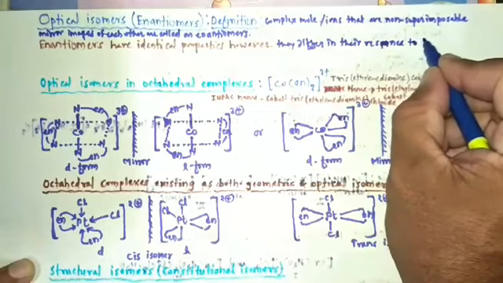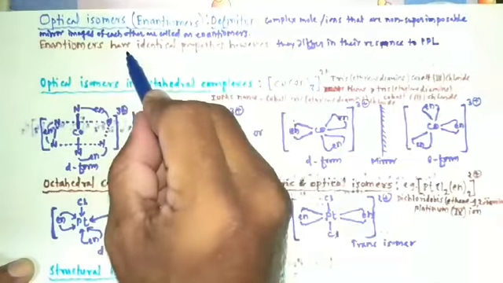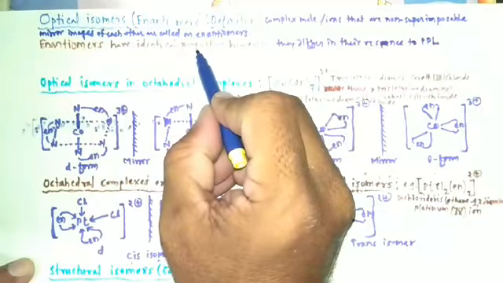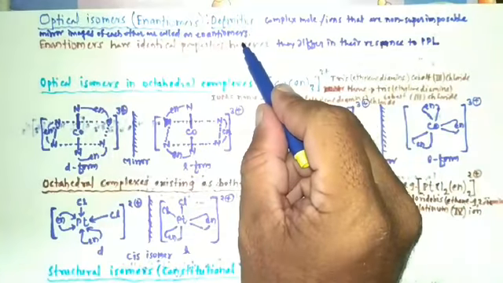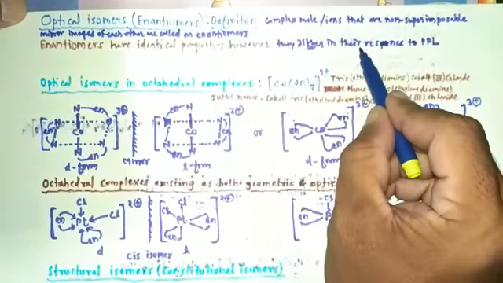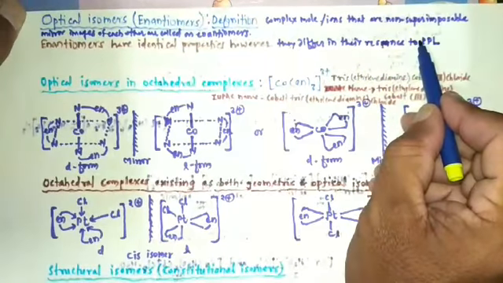Enantiomers have identical properties, but the basic difference between them is that they differ in their response to the plane polarized light.